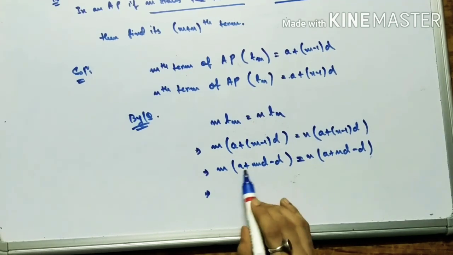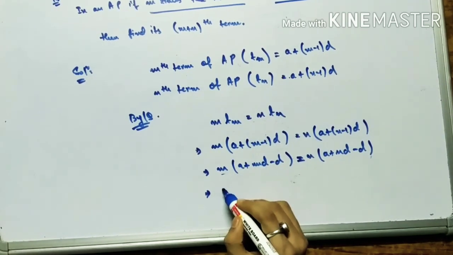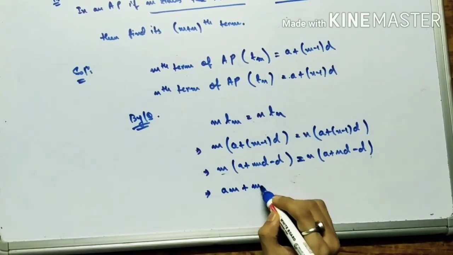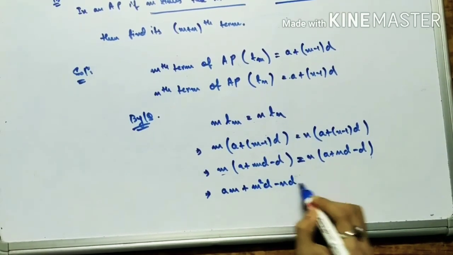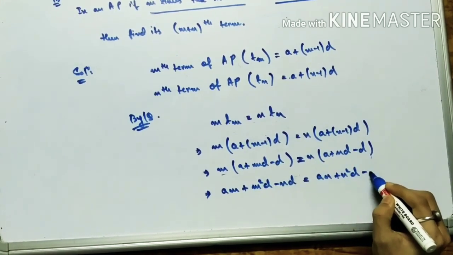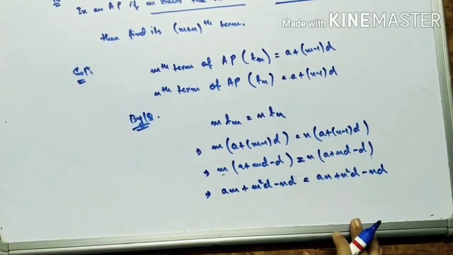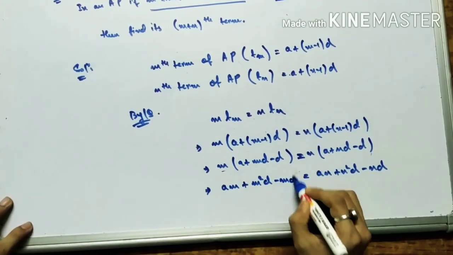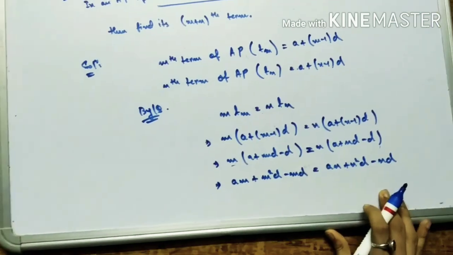Now if I multiply it, I will get am plus m square d minus md is equal to an plus n square d minus nd. This is md, then this is nd.